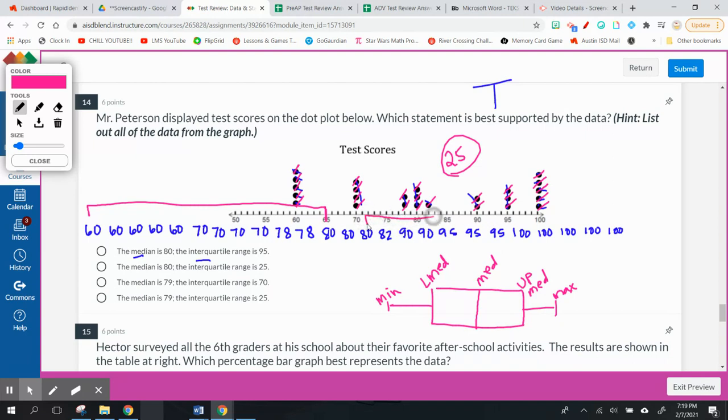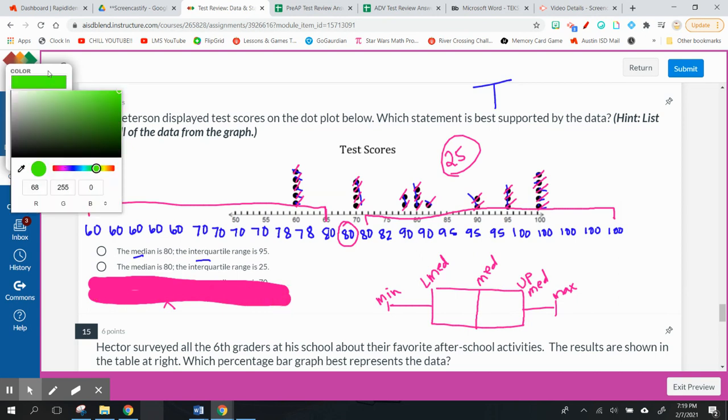All right. There's my upper data. So we got 80 in the middle. So that means we can get rid of our two answer choices. How awesome is that? And we might just completely block them out. They're out. We don't need them. Now we're down to 2.